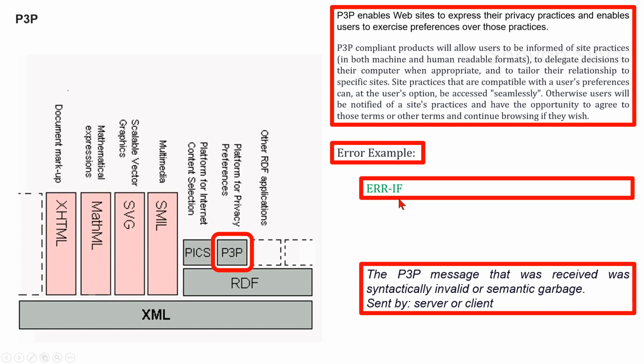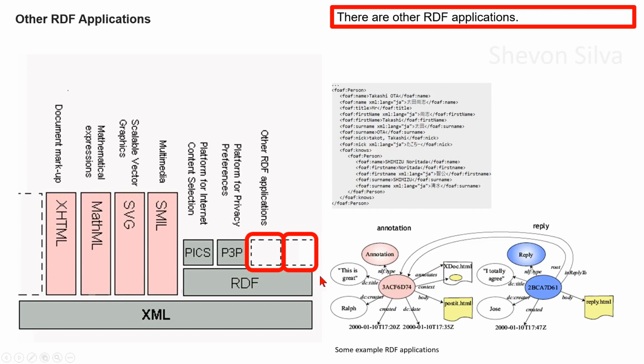Now we are moving into other RDF applications. Here you can see FOAF. FOAF is a machine readable ontology describing persons and their activities and their relations to other people and objects.